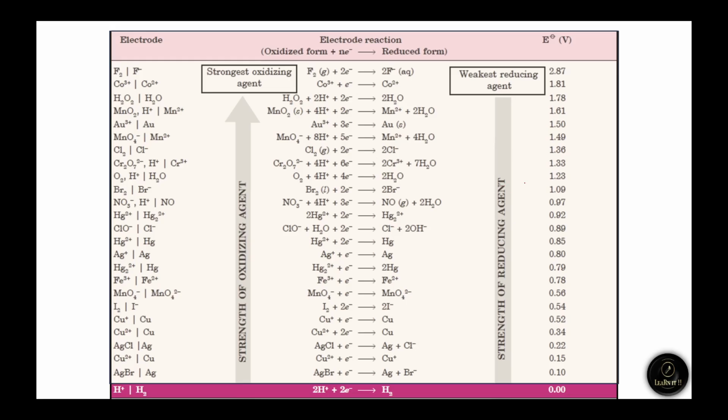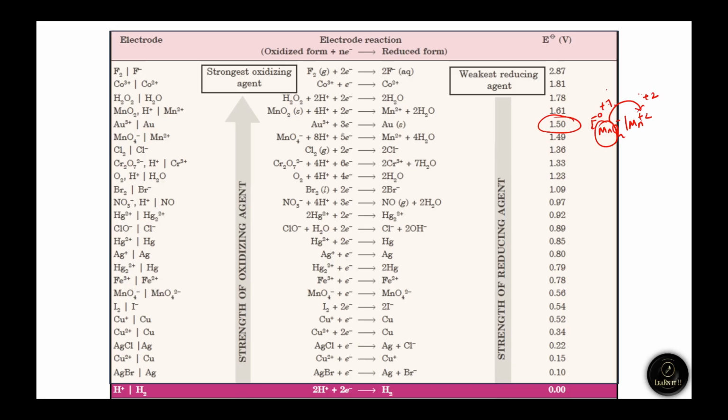In another way we can discuss this relative strength of oxidizing and reducing agent is by using the values. So they may give like E naught of MnO4 minus to Mn plus 2. Here the student must know or predict what is the change in oxidation state. So here it is plus 7, here it is plus 2. So plus 7 to plus 2 means it is reduction.